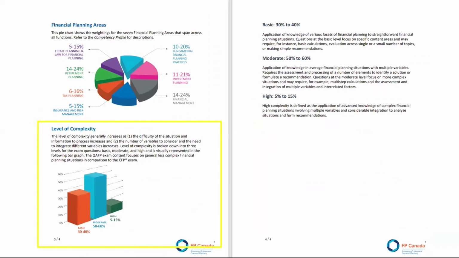Section C details the percentage of questions that fall under basic, moderate, and high complexity ratings. The blueprint is meant to guide you to help you understand how the exam is built and what to expect in terms of coverage. Now let's take a look at the financial planning body of knowledge.